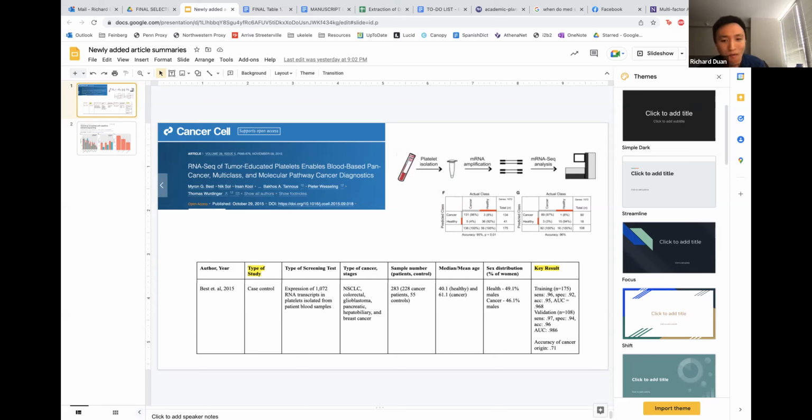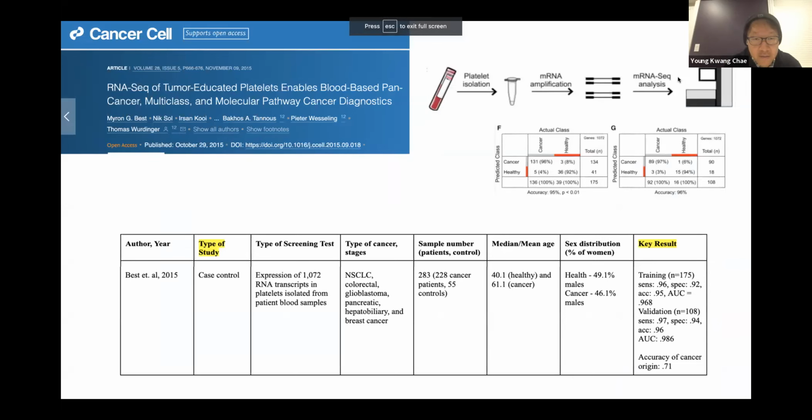Can you magnify? Yeah, let me. You can do slideshow. Okay, better. Tumor educated platelets, blood-based pan-cancer, multi-class and molecular pathway cancer diagnostic. Expression of 1000 RNA transcripts.